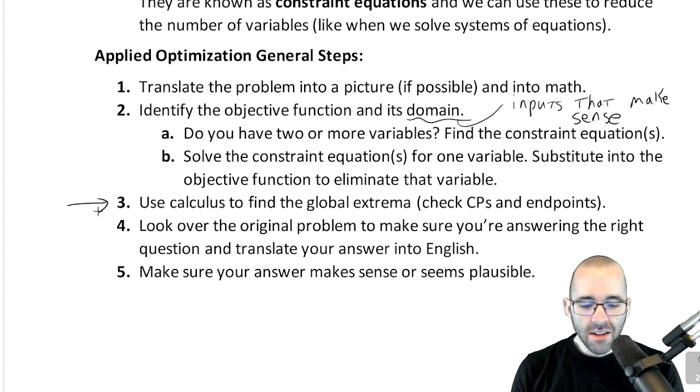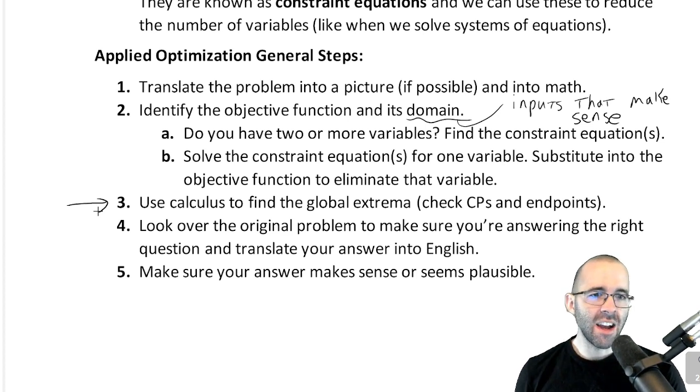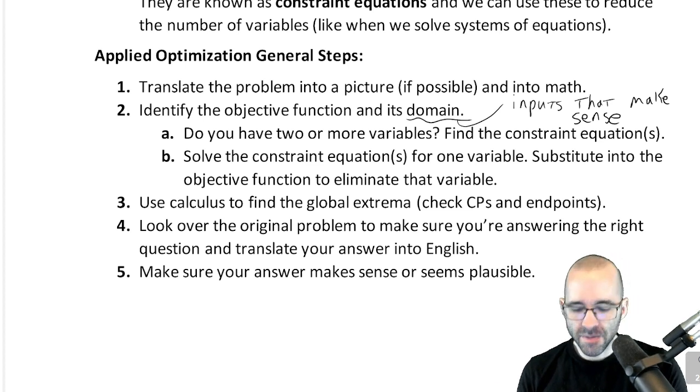This right here is the only calculus step of this entire section, which is just finding global extrema, which we did in the last section, 2.7. So this is the only calculus. All the difficult stuff in this section is not going to be calculus. The only calculus is just finding global extrema, which really is not even that much calculus. It's checking the endpoints and the critical points and just picking the biggest or the smallest.